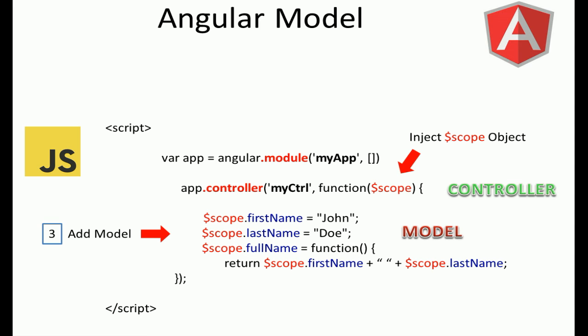Step 3. We have an Angular application module with a registered controller, and now we can add the model to the controller. The first thing I want to draw your attention to is the parameter passed to the controller implementation function.